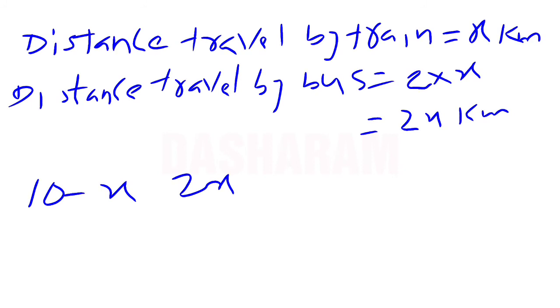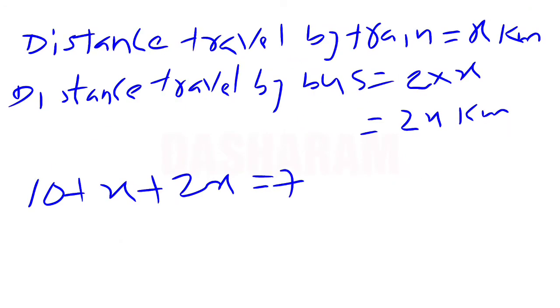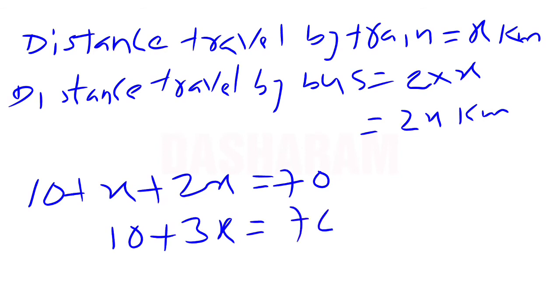Total journey is nothing but the addition. It equals how many kilometers? 70 kilometers. So now we can find x very easily. 10 plus x plus 2x, that is 3x, equals 70.